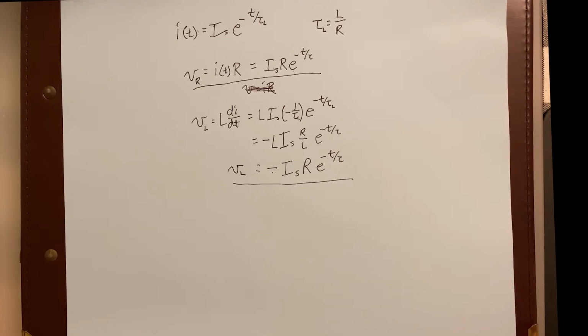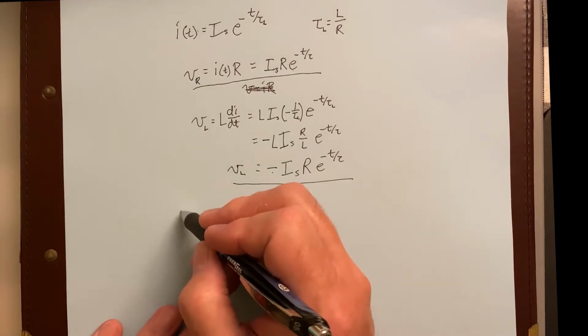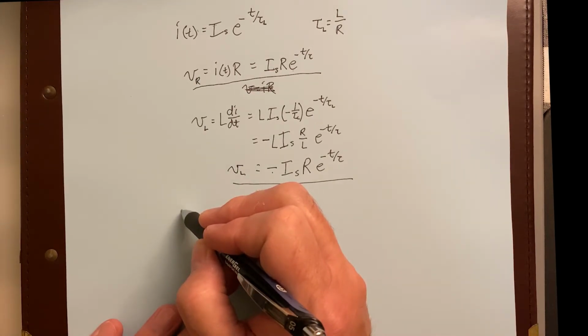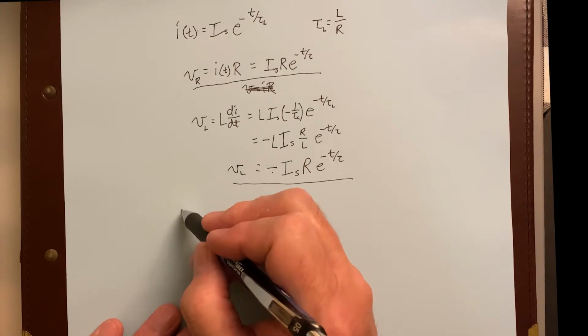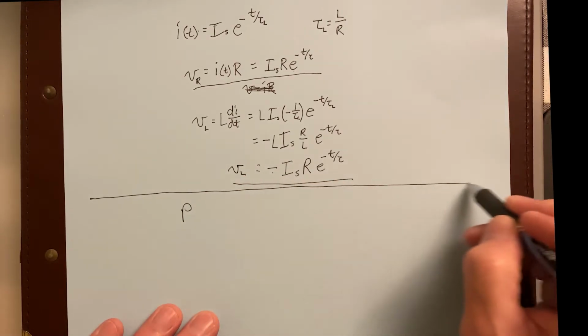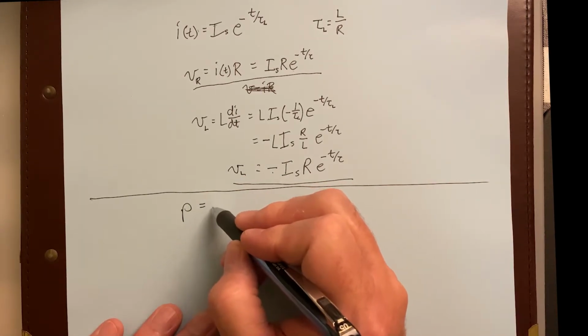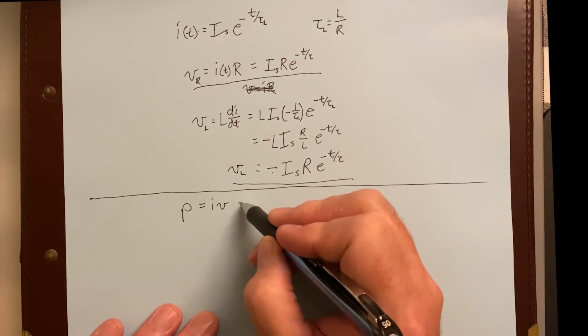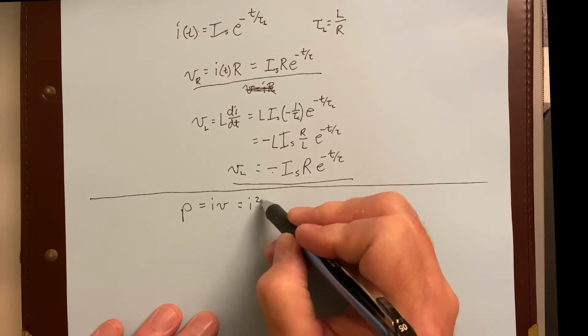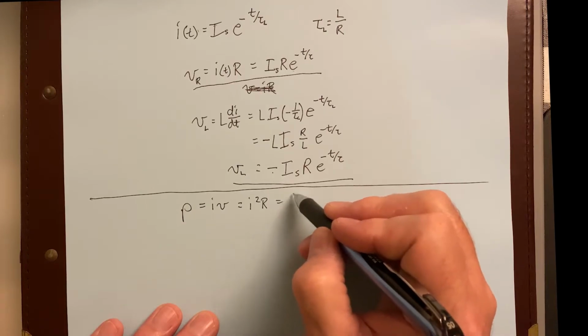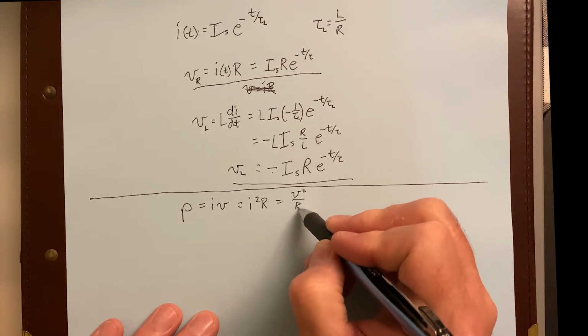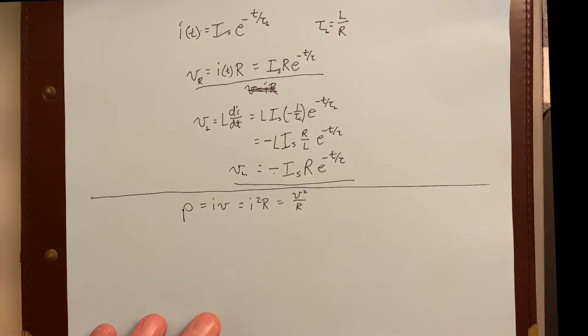Okay. All right. Well, let's see what else we can tie in here. What about the power? What is the power dissipated by the resistor? In other words, power is going to be I times V, or in the case of a resistor, we could say I squared R, or even V squared over R. Any one of those should give us the same answer.